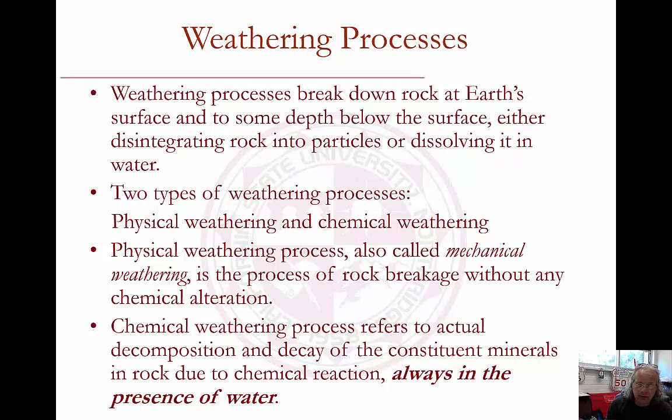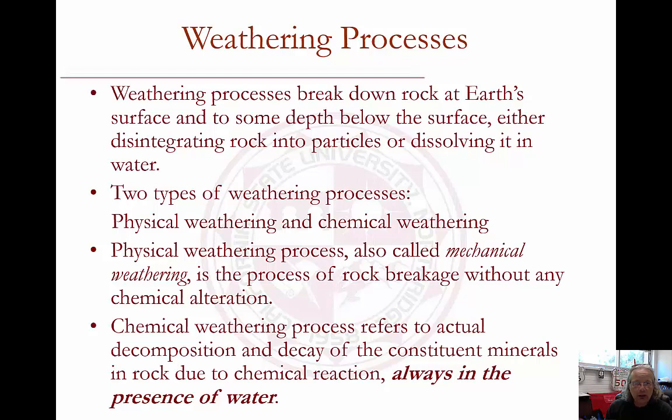Weathering is just a term that refers to the breaking down of rock that's at the surface, and then also occurs some depth below the surface. Rock gets disintegrated down into smaller particles, into gravel, then to pebbles, to sand, and as you're going to see, then silt and clay.